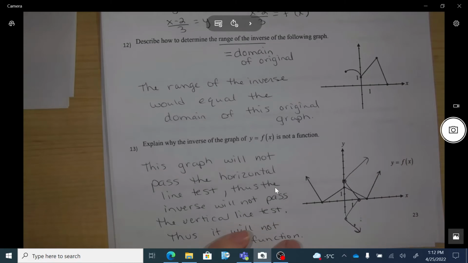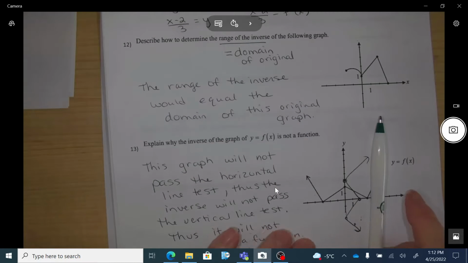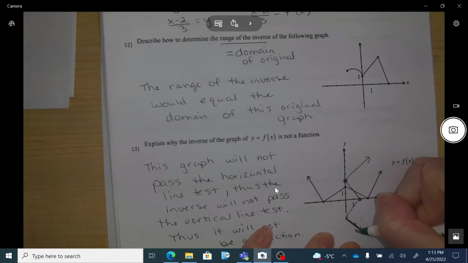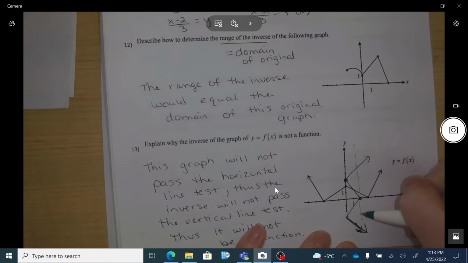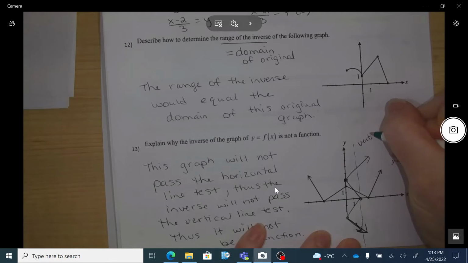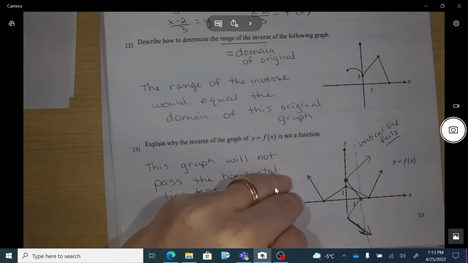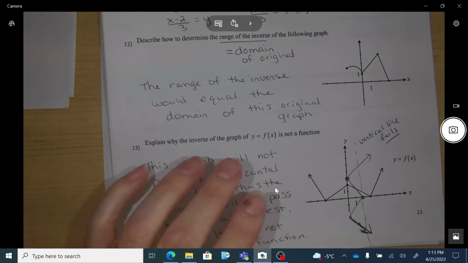So this would be a sketch, and then you can see that you get a vertical line that fails. Okay, your x values can't have more than one y value.